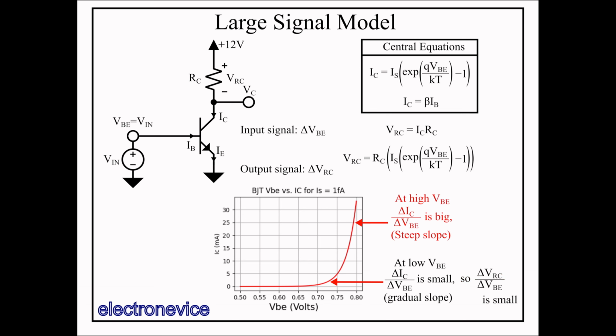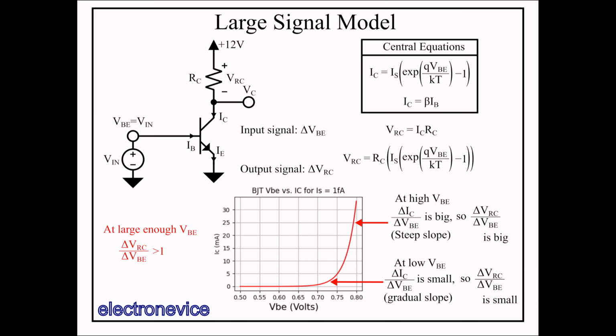At higher VBE, the slope is steeper, and thus the change in IC over the change in VBE is higher, and same with the change in VRC over change in VBE. The exponential nature of the collector current means that increasing VBE will increase the slope of the collector current. This theoretically goes on forever, though obviously it is restricted in practical situations.